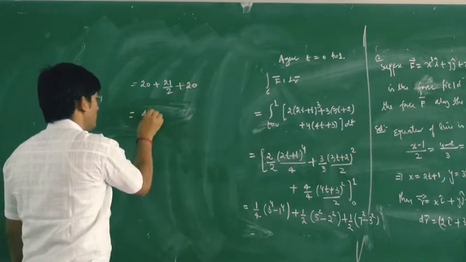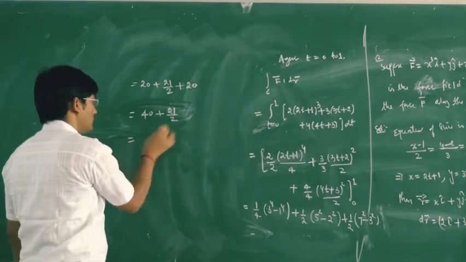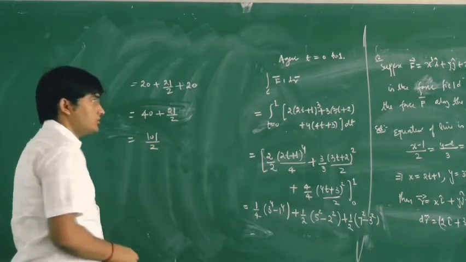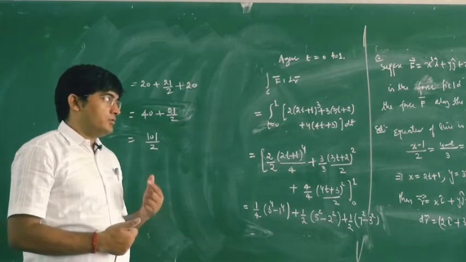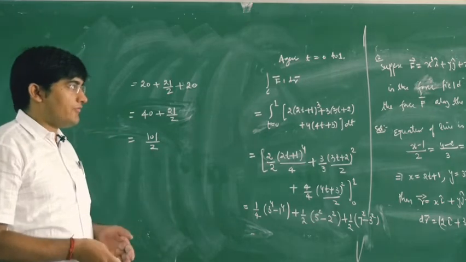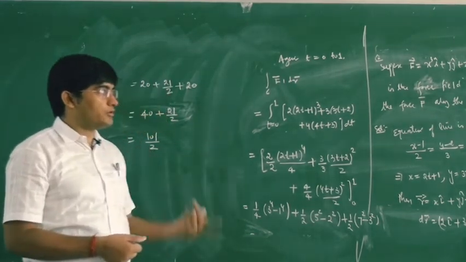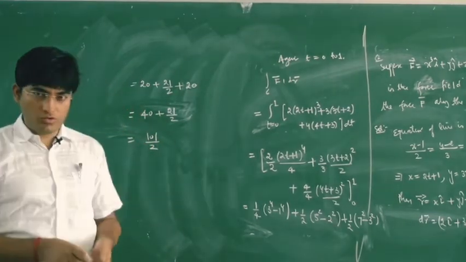So this is equal to 40 plus 21.2, so this is equal to 80 plus 21, so this will be 101.2. So the work done by the force F moving the particle from the point 1, 2, 3 to 3, 5, 7 is equal to 101.2.